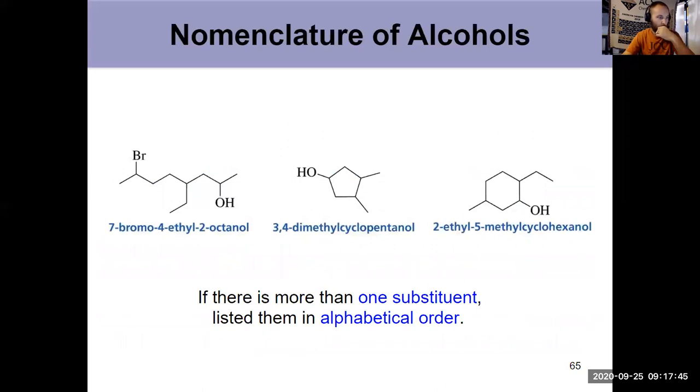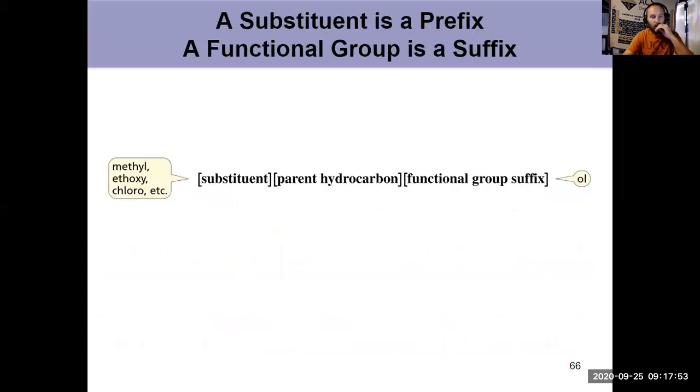Okay. More examples here. If you've got multiple substituents, you list them in alphabetical order, which you already know. So that wraps up alcohols with slide 66 here. It's a nice little recipe, for lack of a better word, and that'll get you through this whole chapter with nomenclature.